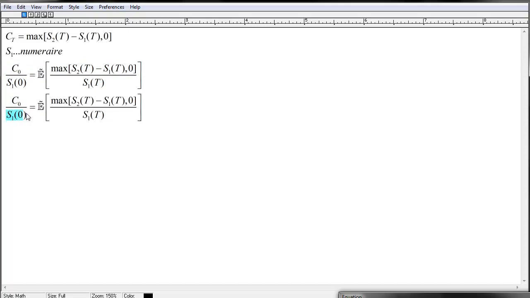I'll put this guy to the right hand side, and here I'm gonna divide the numerator by the denominator. I can do that because 0 divided by some non-zero number is 0, and those two guys I can also divide.